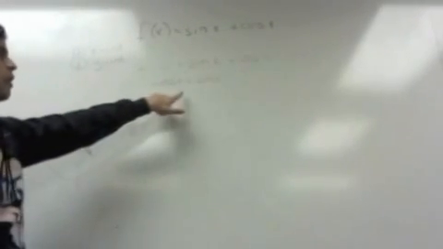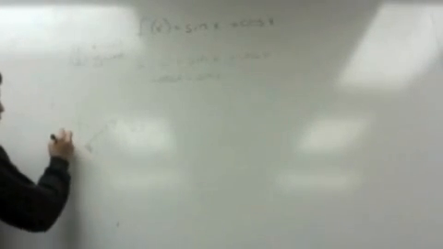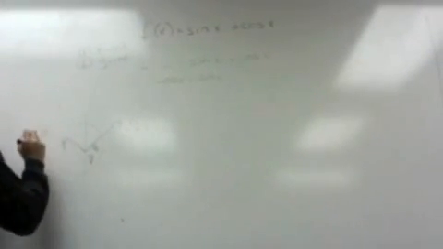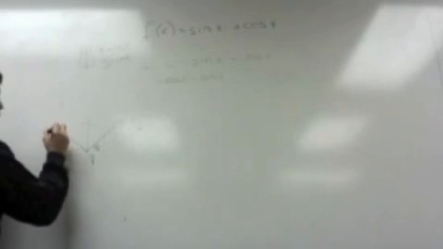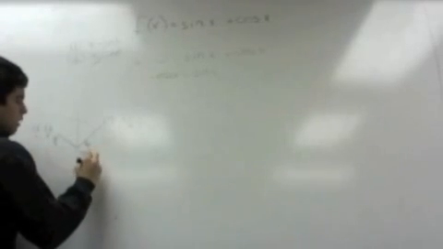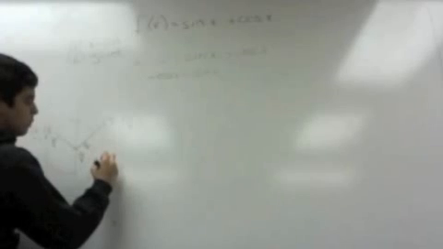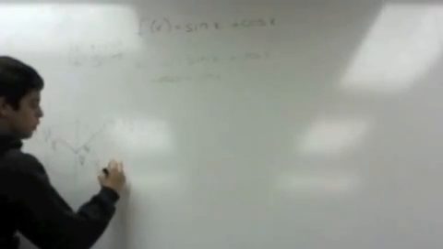But here they have the same signs, so we have to find them with different signs. Those would be 3 pi fourth and 7 pi fourth. At 3 pi fourth, cosine is negative square root of 2 over 2 and sine is square root of 2 over 2. And at 7 pi fourth, the cosine is square root of 2 over 2, and the sine is negative square root of 2 over 2.